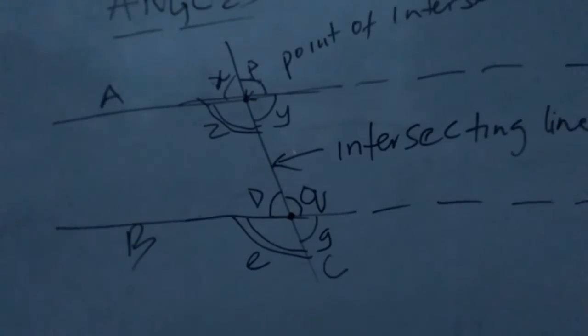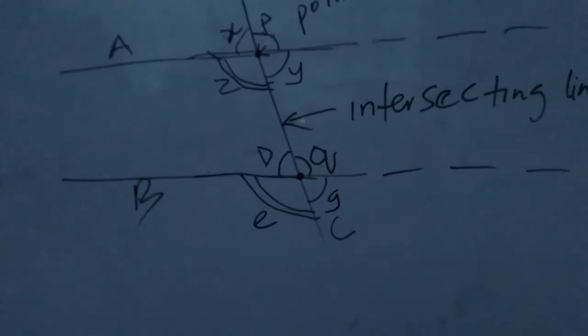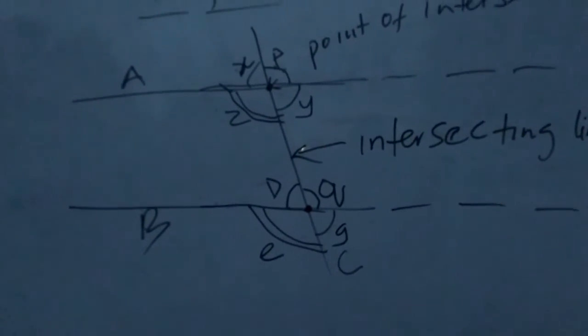I'll name this angle X, angle Y, angle Z. This will be angle P, angle D, angle E, angle G, angle Q. You see, these two intersecting lines have created a series of angles.